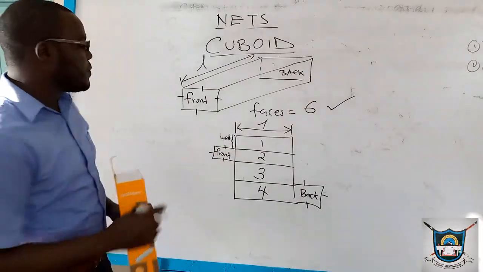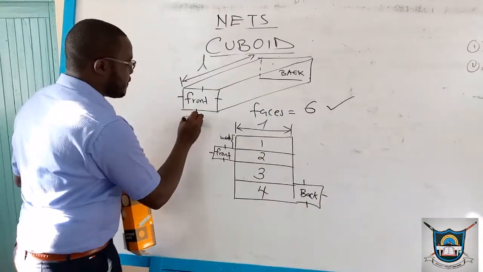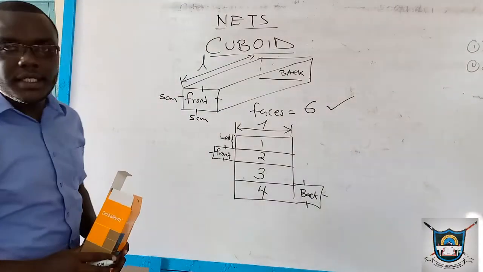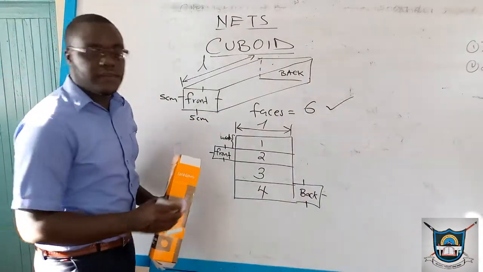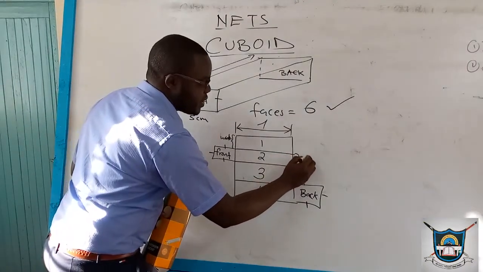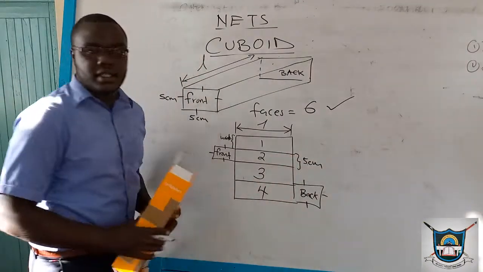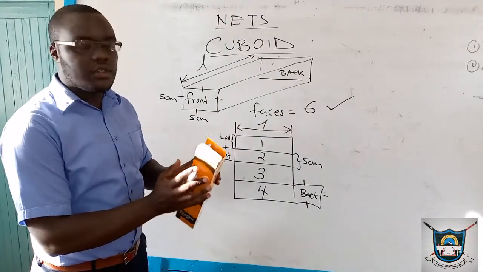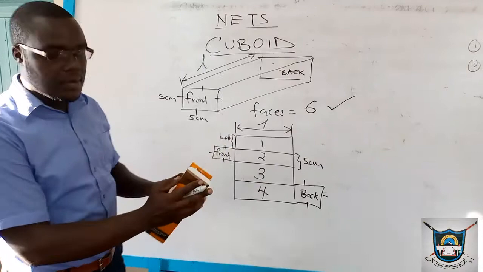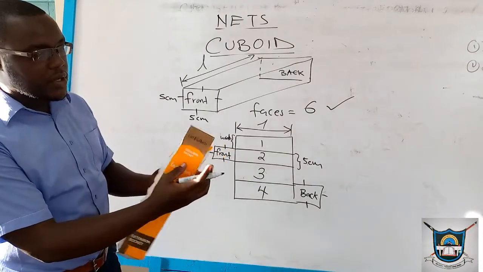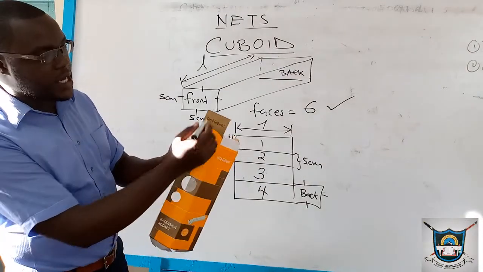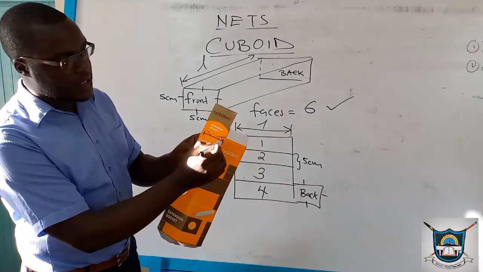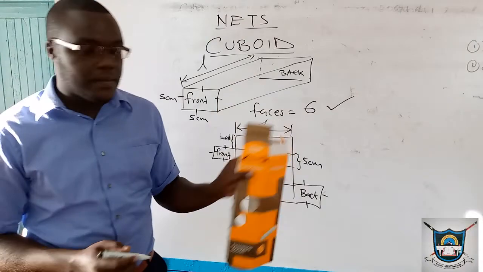For example, if the length was 5 centimeters by 5 centimeters, I must make sure that each face is having a width of 5 centimeters. If it doesn't have a width of 5 centimeters, I shall not be able to cover it up when I come to joining them. So the length of this small face here must be equal to the length of this part which is in that cuboid.